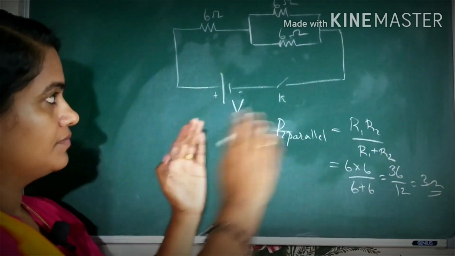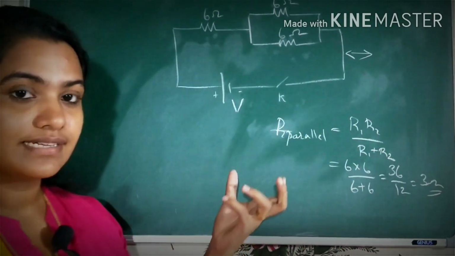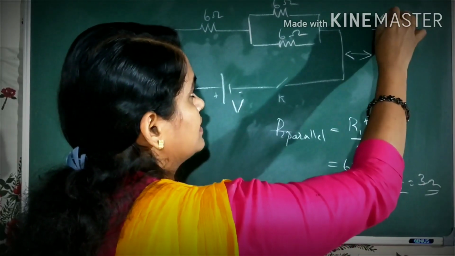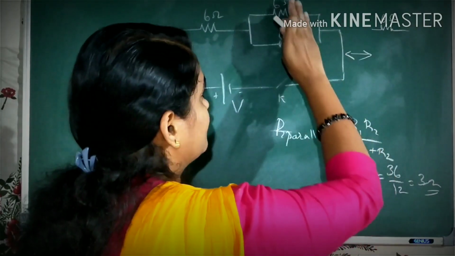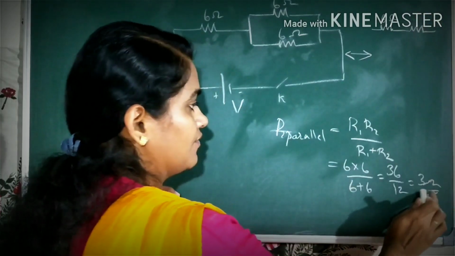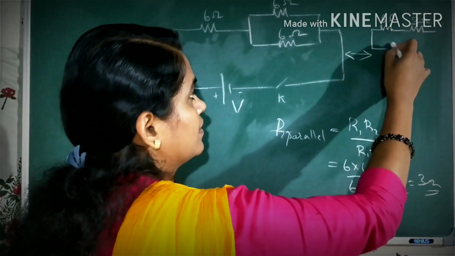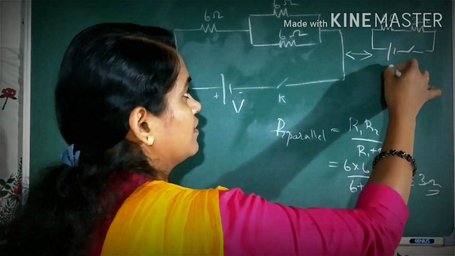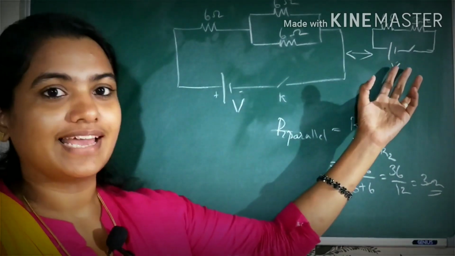So we can redraw this circuit as, this is a 6 ohm resistor here, and then the effective resistance of this can be drawn like this. That is, we get this as 3 ohm. So we have redrawn this circuit like this.